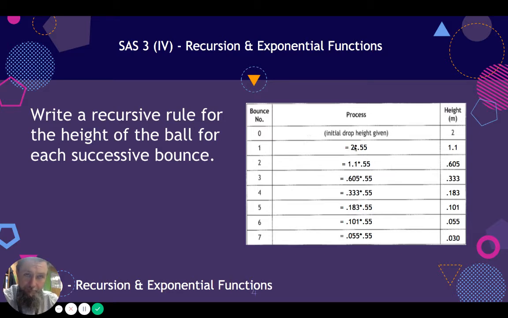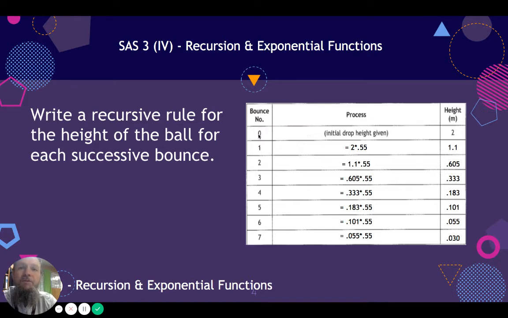We multiply. If h subscript n is this, and we just substitute 1 in there, h subscript 0 is the value we multiply by 0.55. So we take the subscript and determine what the previous value is by taking that value and subtracting 1. So 1 minus 1 is 0. So h subscript n equals h subscript n minus 1 times 0.55.